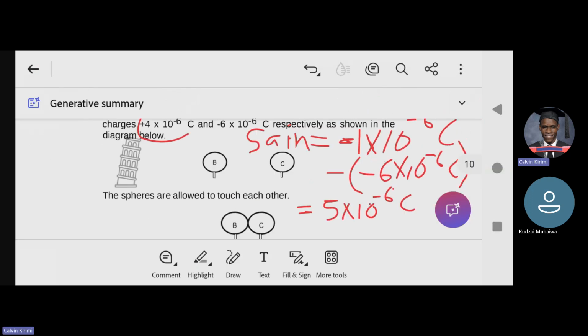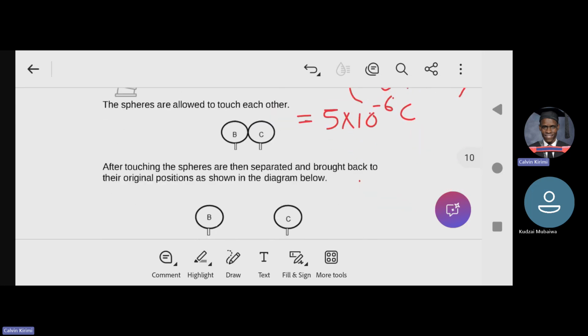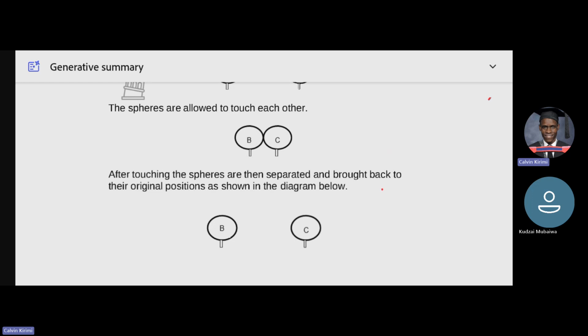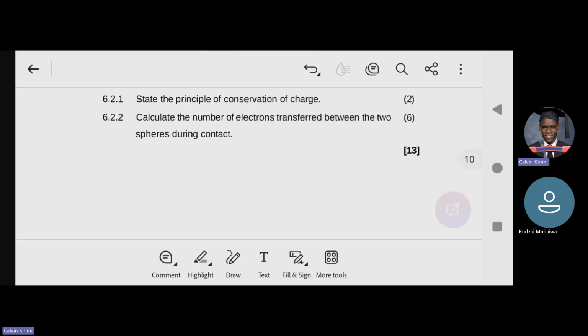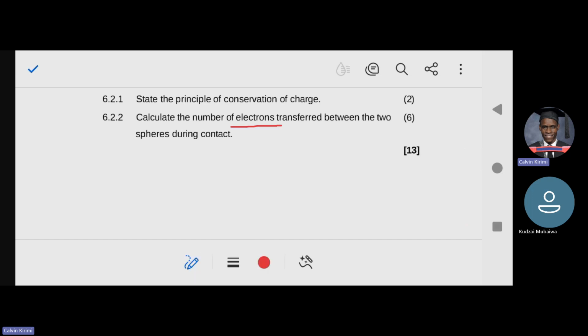Now this is the gain. Now you want to know how many electrons were transferred. The question: this gained a charge of that, so how many electrons were transferred? That's what you want to know. Calculate the number of electrons which were transferred. You have a formula.